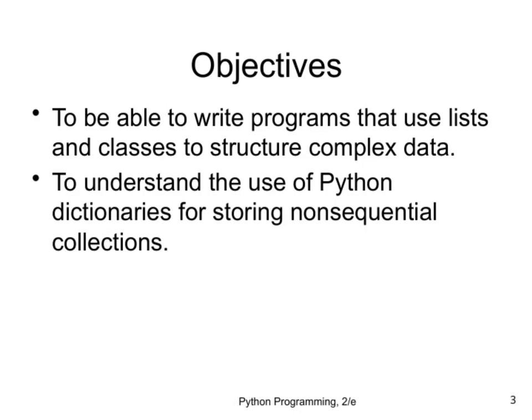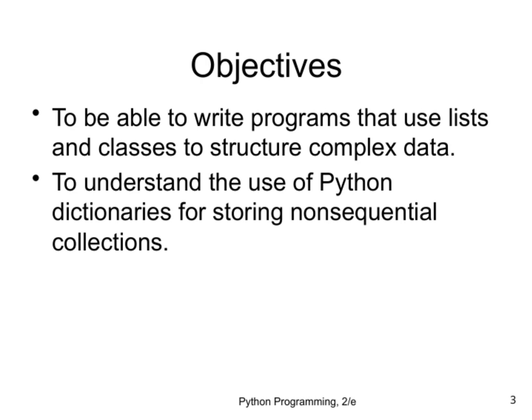Today, we're going to explore how Python allows us to write programs that utilize lists and classes to organize complex data structures effectively. We'll look at how these tools help us manage and manipulate large amounts of information in a clear and structured way. Additionally, we'll delve into Python dictionaries, which are incredibly useful for storing collections that are non-sequential.